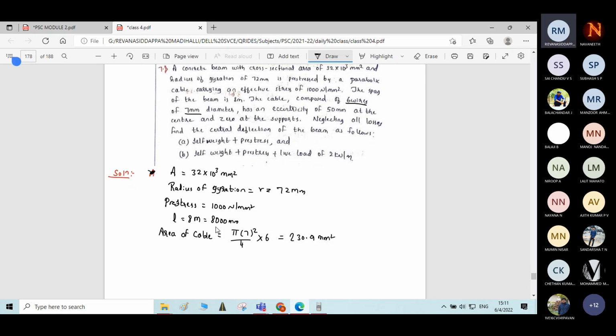Okay, so the area of cable is given, and the pre-stress in the cable is given. Stress multiplied by area will give the pre-stressing force. Therefore, pre-stressing force is equal to stress multiplied by area.